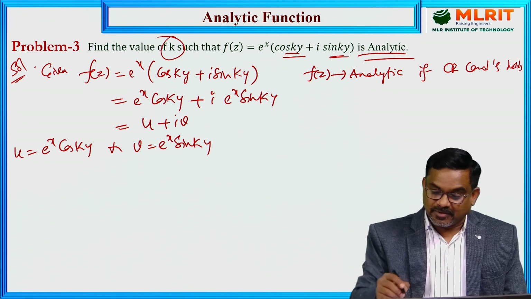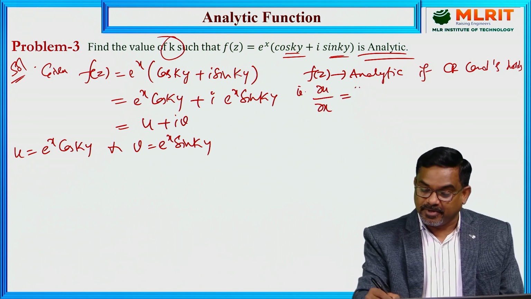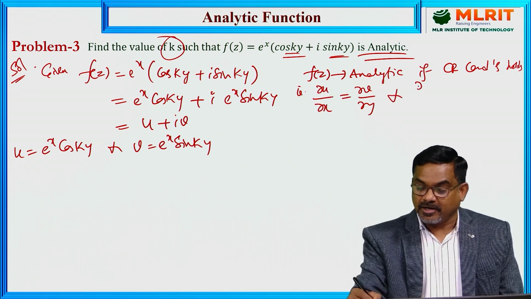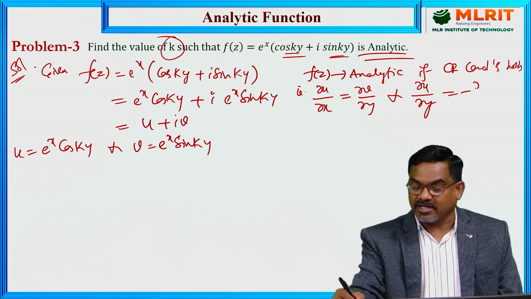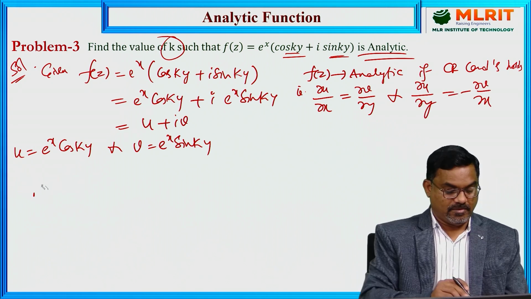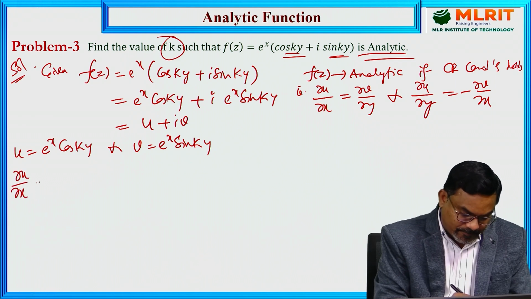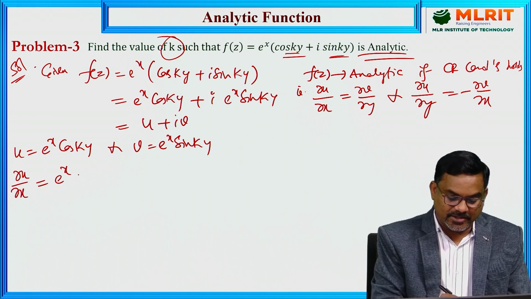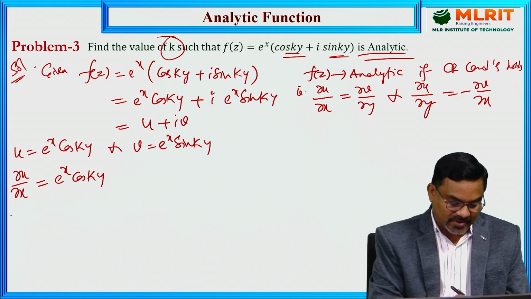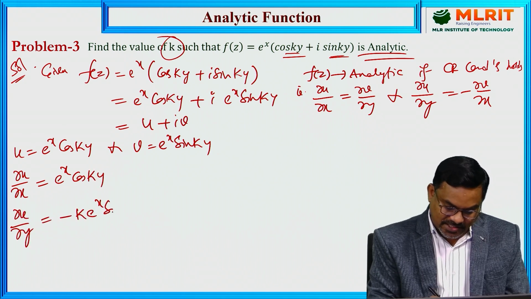So that means dou u by dou x must be equal to dou v by dou y, and dou u by dou y equal to minus dou v by dou x. Let us find dou u by dou x first. E power x into cos ky as it is. Dou u by dou y is minus k e power x sin ky.